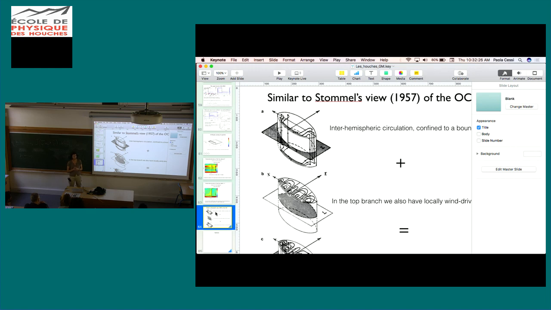When you add salt, which has a fixed flux condition, so the value of the salinity is not known, given the pattern that we have on Earth, where you have evaporation in the subtropics and precipitation in the subpolar region, the overturning tends to transport salt from the subtropics to the subpolar region and therefore increase the salinity and thus the density at the surface. And that's a positive feedback that is absent when you prescribe the surface temperature.